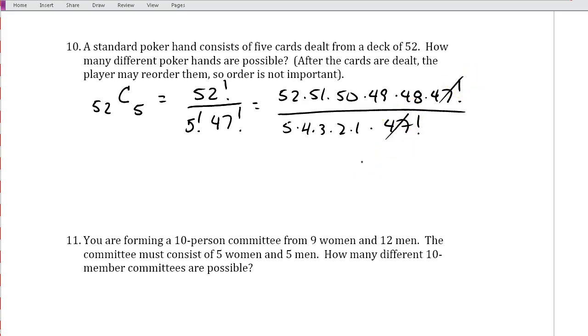Those will cancel out. 5 times 2 is 10, so we divide by 10. We could do some other canceling too, but we'll just calculate the rest, and there would be 2,598,960 different hands.